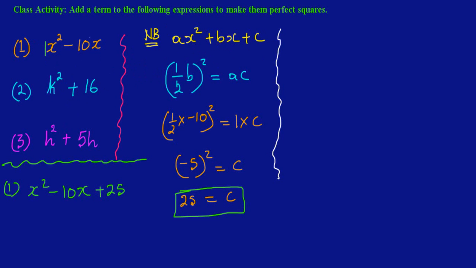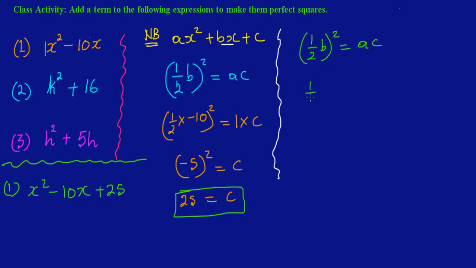So again, to solve for the missing term, which is bx, the term in the middle, I'll go back to what I know about a quadratic expression: a half of b all squared is equal to a times c.